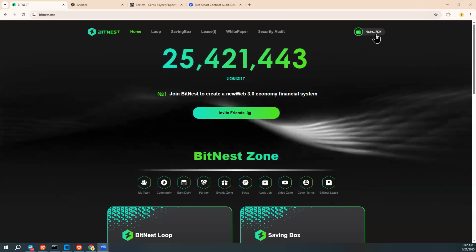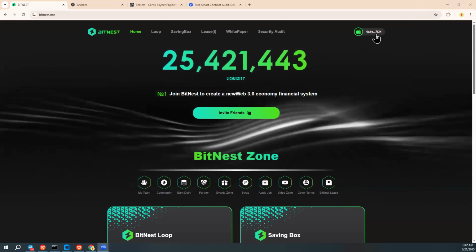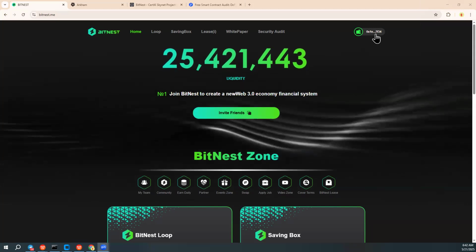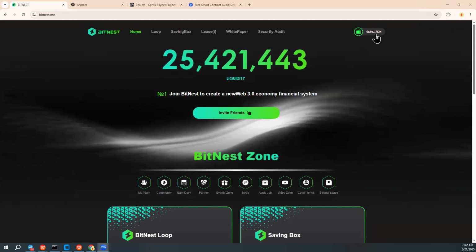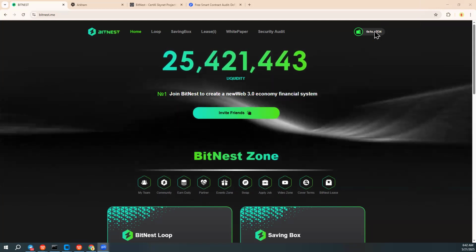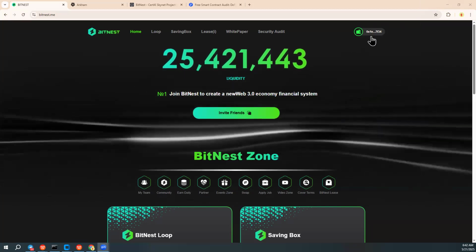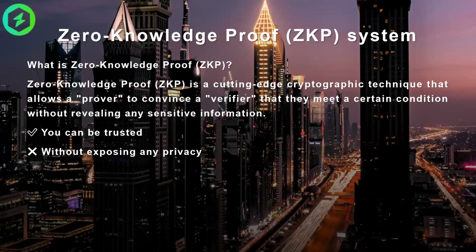This is what I call the ZKP system. You no need to surrender your ID, passwords, your name, or any of your data. You just connect your digital wallet to BitNet, and that's it. Let's continue.